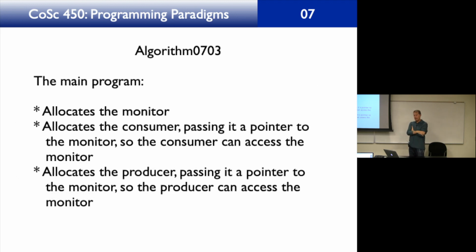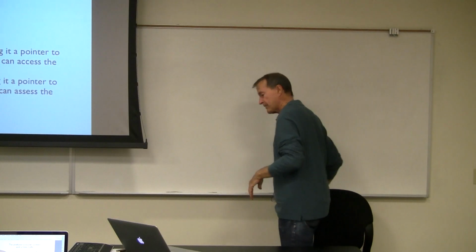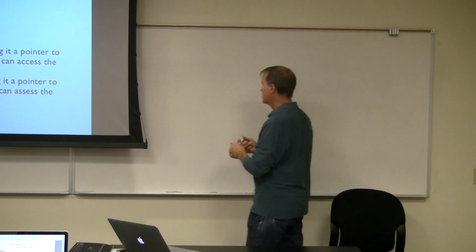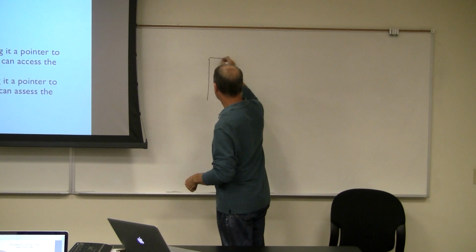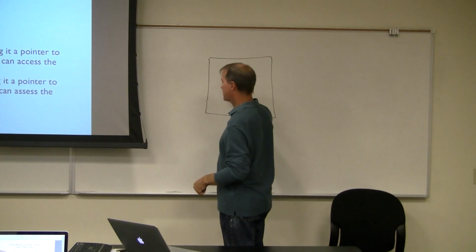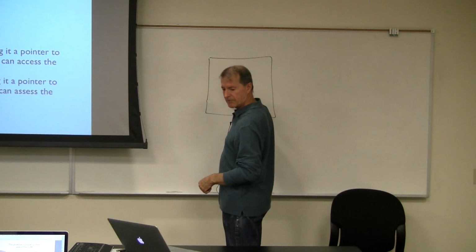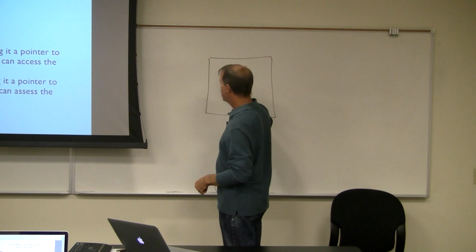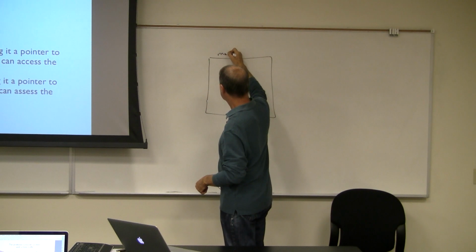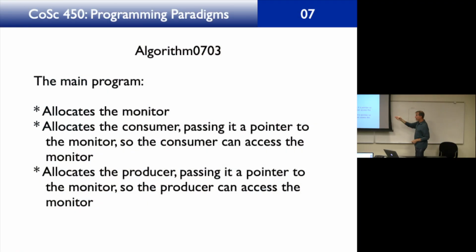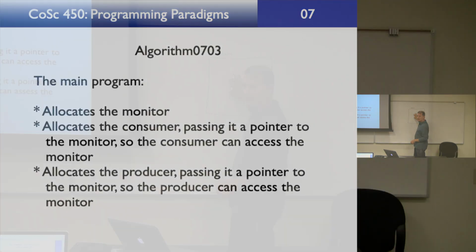So here's a rundown of what the main program is going to do. The main program allocates the monitor. Actually, let me do a little graphic here. Okay, so here's the main. Let's just let this box be the main program. So this is our main. And what this is saying is that the main program allocates the monitor. But now, all allocation is done with new, right?